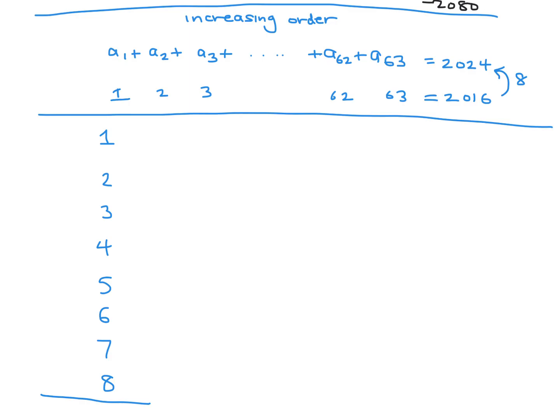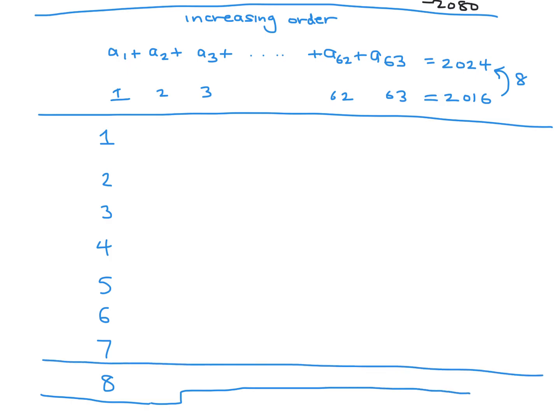Let me just explain the last one first. For some reason that came into my mind very quickly. The last is if you added 1 to the last 8 terms. So you'd have 1, 1, 1, 1, 1, 1, 1, 1. So for example, this A63, instead of being a 63, would be 64.